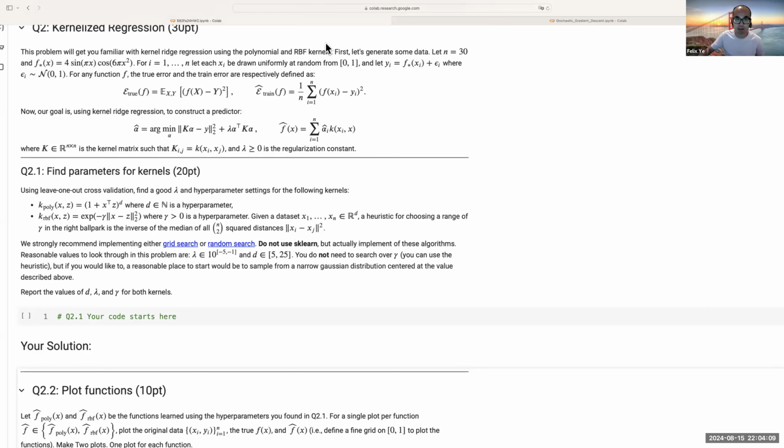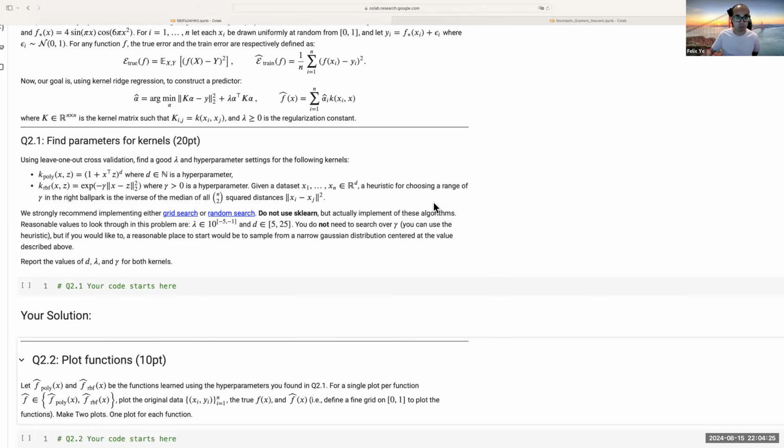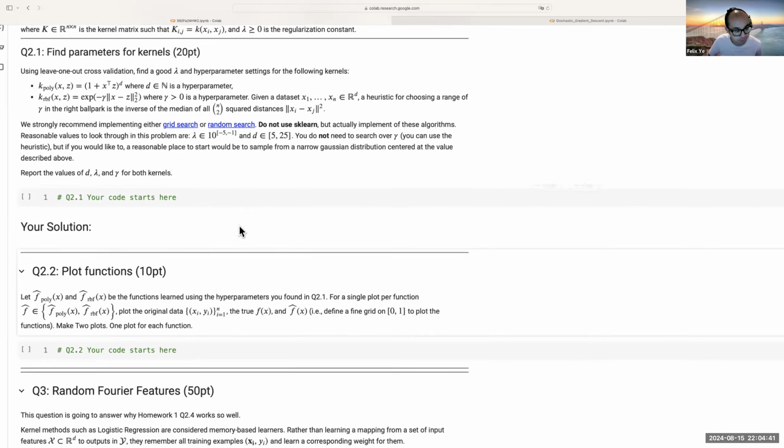With that you learn everything and implement everything from scratch for both cases, so you have a good understanding of kernelized regression problems. In particular, you have to implement the grid search and random search by yourself. This is an extremely important part, so you can understand what scikit-learn is doing underneath.